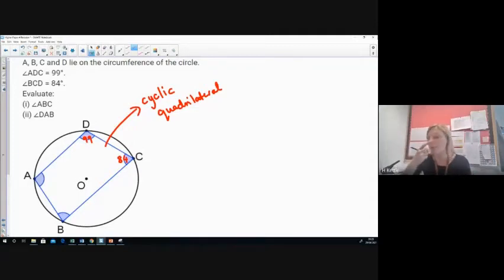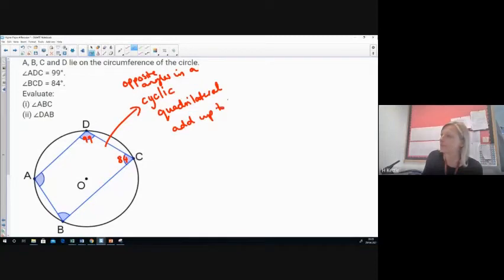So what do we know about cyclic quadrilaterals? Well, we know that opposite angles in a cyclic quadrilateral add up to 180. So I know that the opposite angles, so the angle at B and the angle at D, and the angle at A and the angle at C, need to add up to 180.